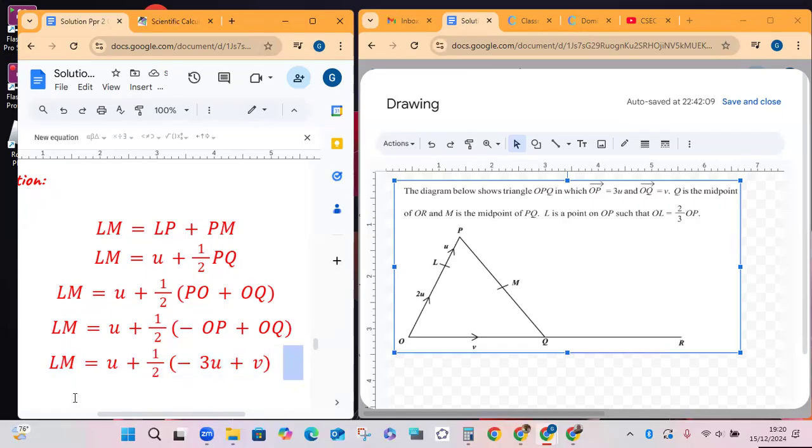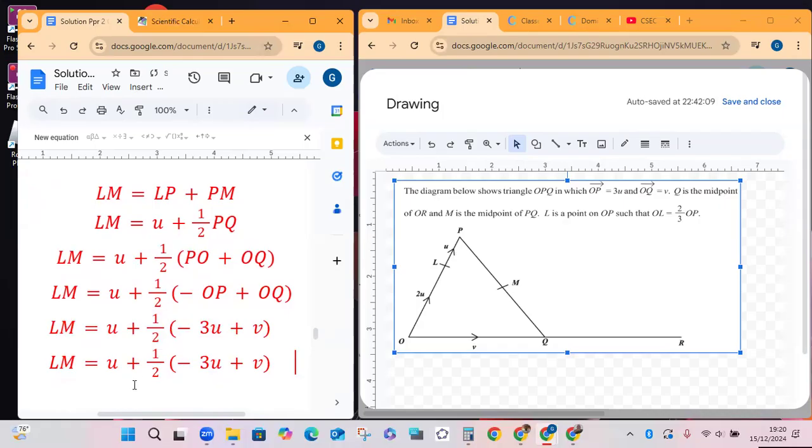Let's multiply by a half to open the brackets. A half times negative 3u is negative 3u over 2.